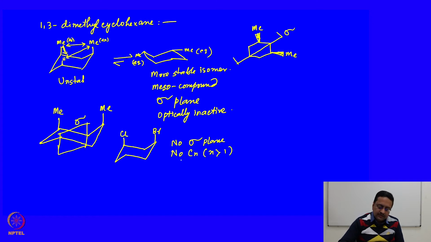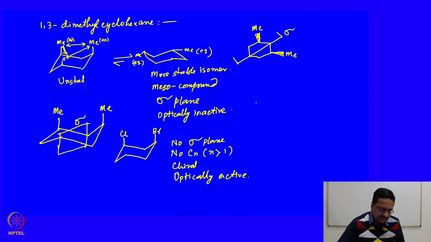Therefore, this compound is chiral and hence should be optically active. So, if you draw the mirror image of this compound, there will be a pair of enantiomers, and also this one is AA, you will have the corresponding EE isomer as well.